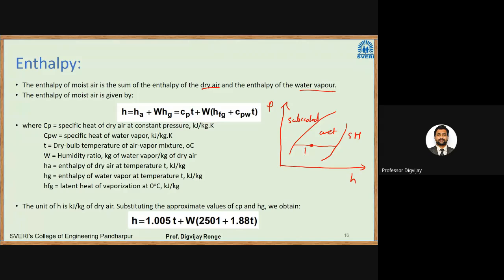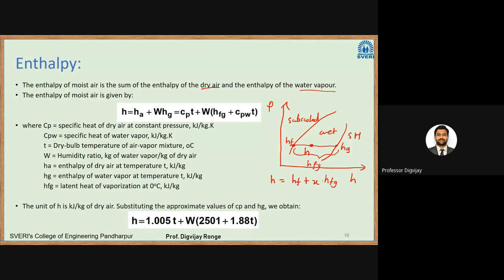If you take an enthalpy here, how do you calculate the enthalpy at this point? So we have here Hf, that is enthalpy of saturated liquid. Then we have Hg, enthalpy of saturated vapor. So H will be equal to Hf plus x times, now x is nothing but the dryness fraction, into Hfg. Hfg is nothing but the difference between Hg and Hf.